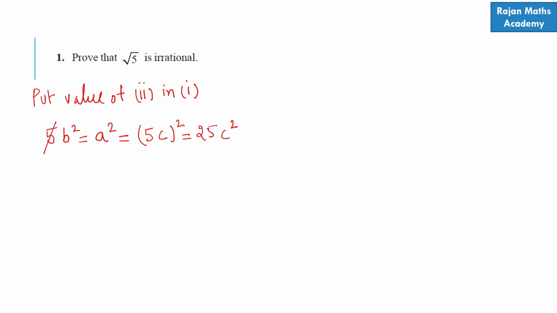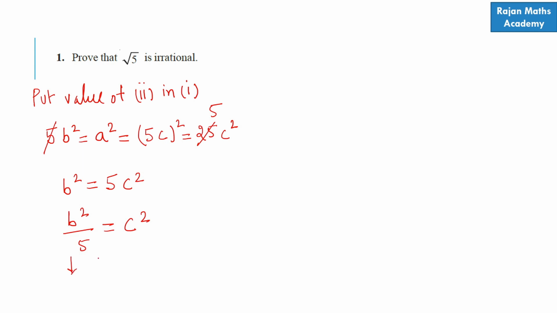So this 5 cancels. So we can write b square is equal to 5c square. So b square by 5 is equal to c square.